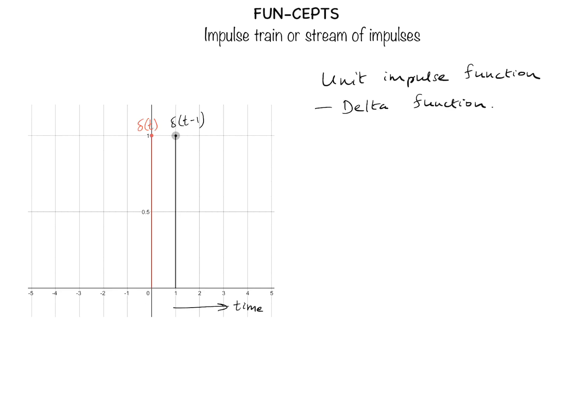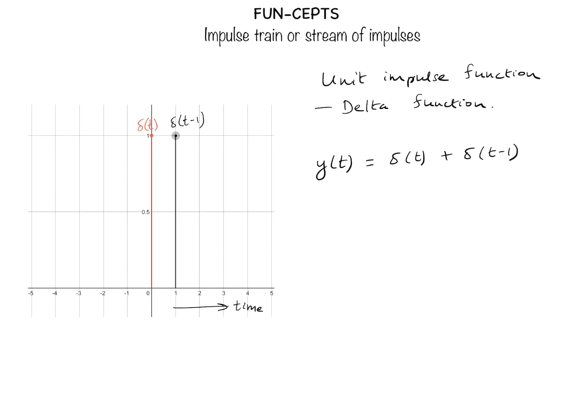So, for example, if we have a signal which is a collection of these two impulse functions, and we call that some signal, say y of t, then it is simply a summation of these two impulse functions, which we can write as delta of t plus delta of t minus 1.